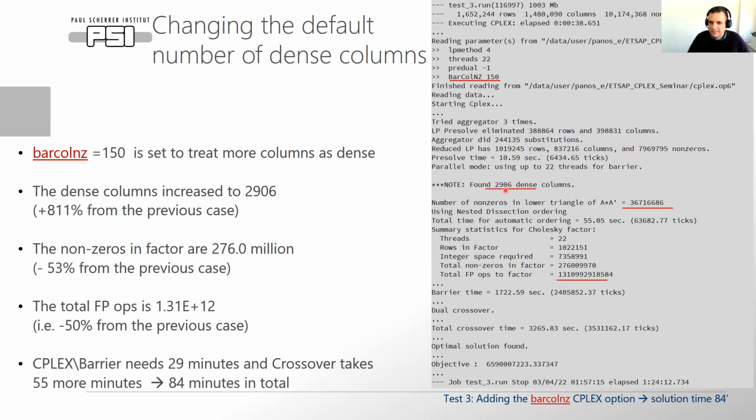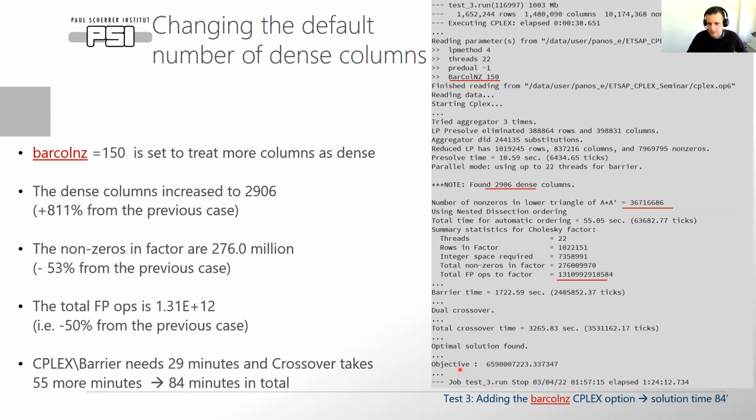And what we can see here, as you can read in the summary of the improvements, is that, of course, the dense columns increased, but we knew it, we wanted that. But the non-zeros in factor reduced by 50% from the previous case with the pre-dual case only. And we even get an additional 50% reduction on the total floating point operations.